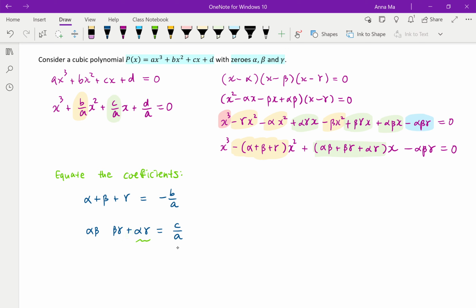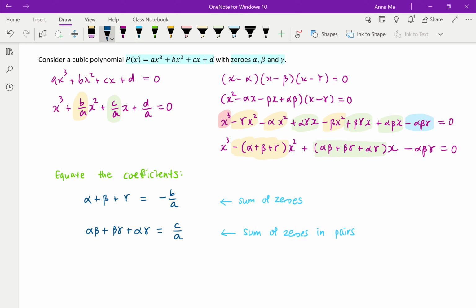So let me actually label each identity as I go. The first one was just sum of zeros in singles. And then this one is a sum of zeros in pairs or in twos.